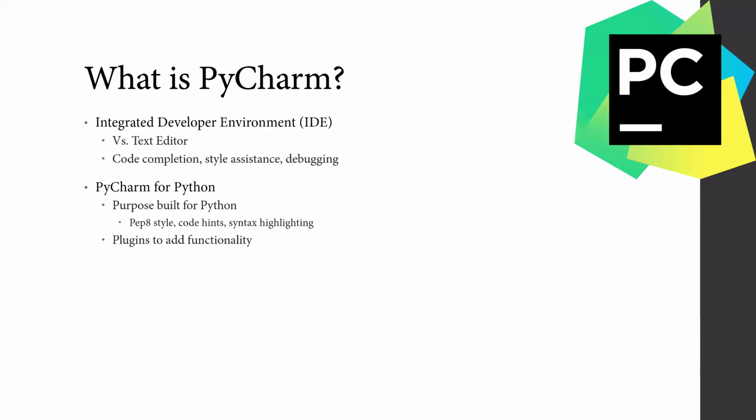It gives you a point where you can say, this is where it's breaking down, and I can dig into that further. So basically, it's just a way for you to write code more efficiently, to debug code, and it offers a lot more functionality than a basic text editor.